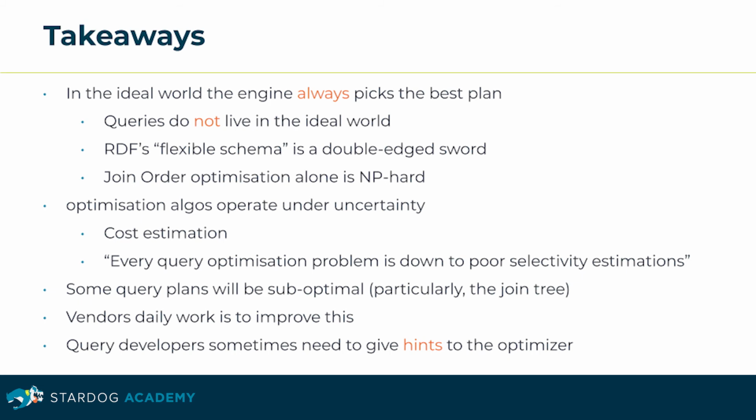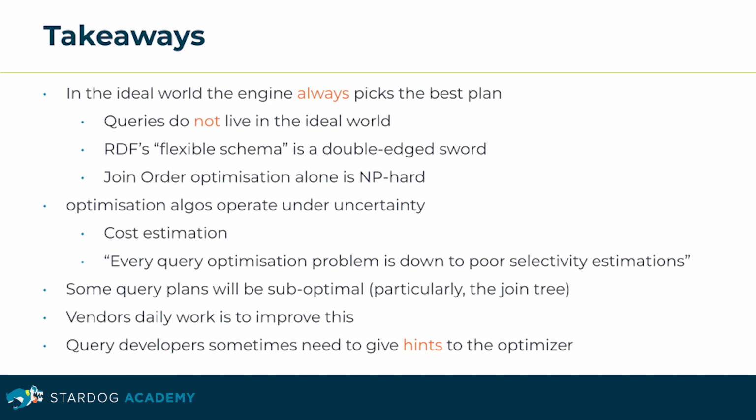So these optimization algorithms operate under uncertainty. We have to generate statistics, perform cost optimizations, and every query optimization problem boils down to a poor selectivity estimation. And so thinking about selectivity in our queries is always a first thought that should be had.